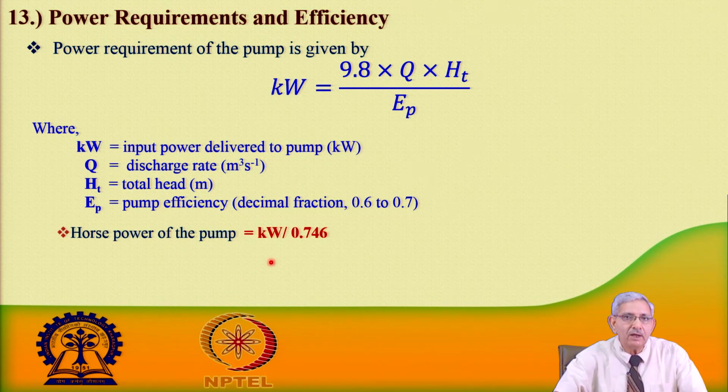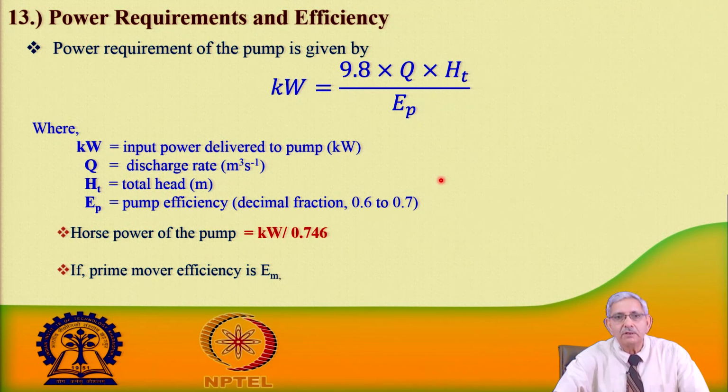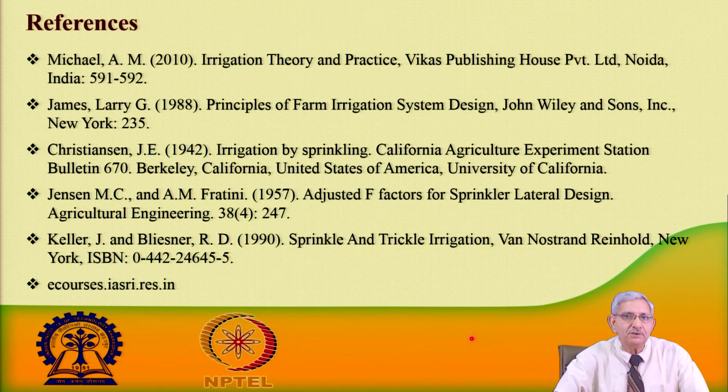This pump power can be expressed in terms of horsepower, that is kilowatt divided by 0.746. Now, if the pump is driven by a prime mover with a certain efficiency, then the horsepower is given by kW divided by 0.746 multiplied by the drive efficiency.